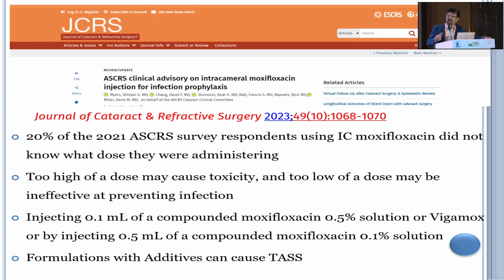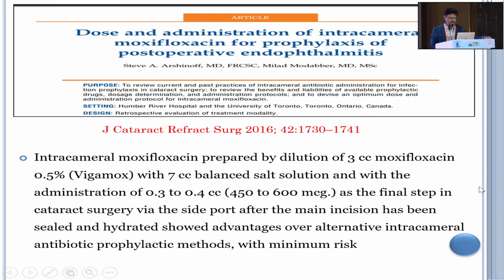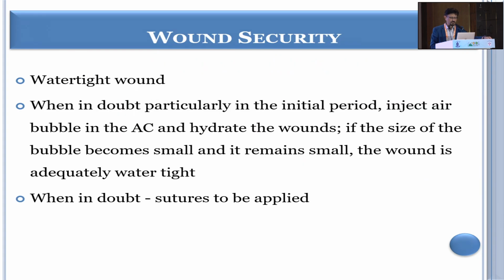Because if you inject more, you can have TASS. And any additives, if they are there in the formulation, can also cause TASS. And this is one report which has reported occurrence of TASS, and they reported that it was because of the instillation of a higher volume, that is 0.6 cc of 0.5% moxifloxacin. Another study shows the efficacy of moxifloxacin in preventing endophthalmitis.